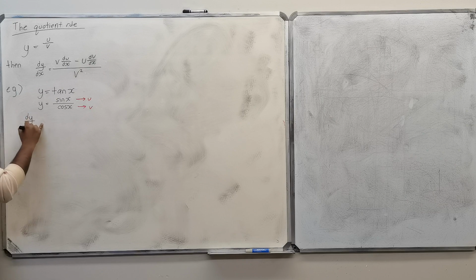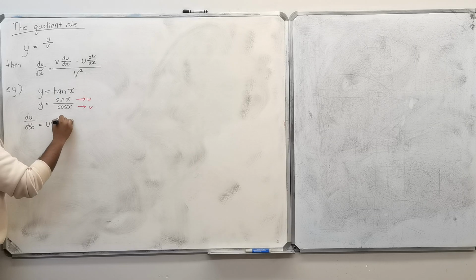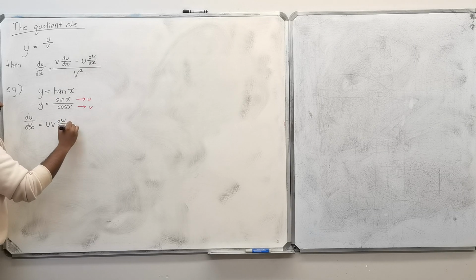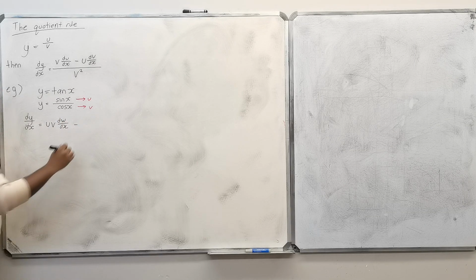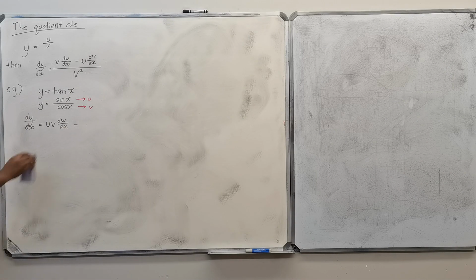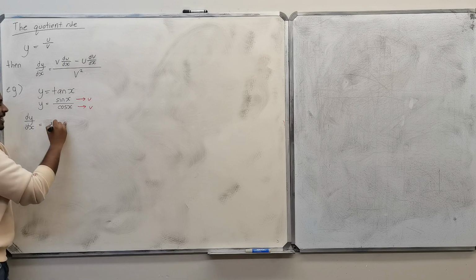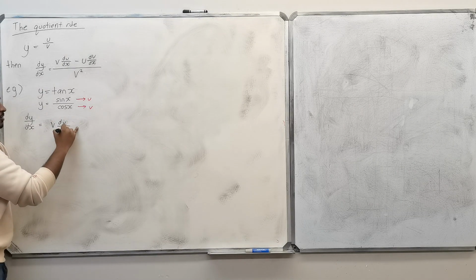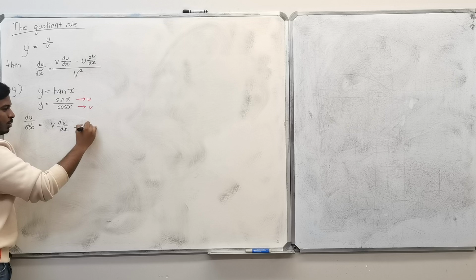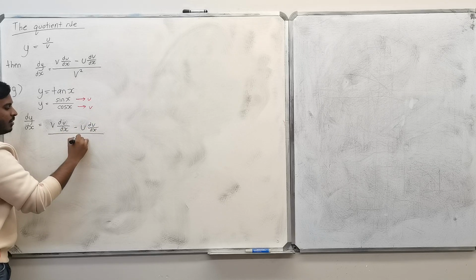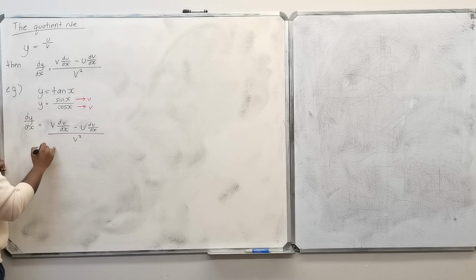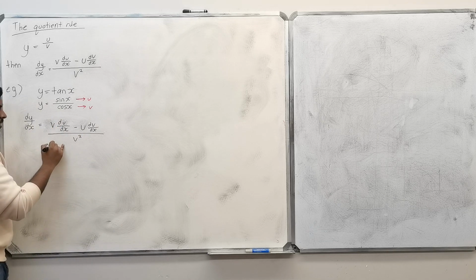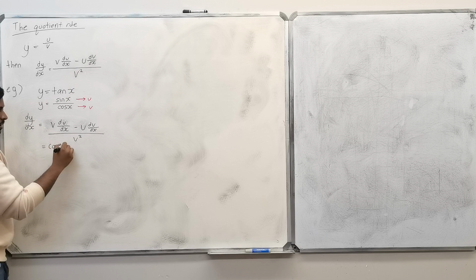The quotient rule states that dy over dx is equal to v times du over dx minus u times dv over dx, all over v squared. Right? v is cos x.